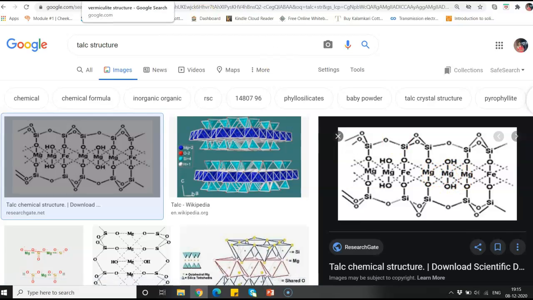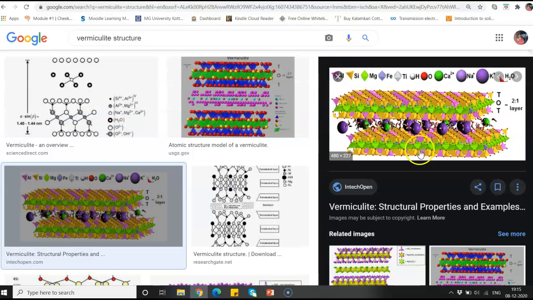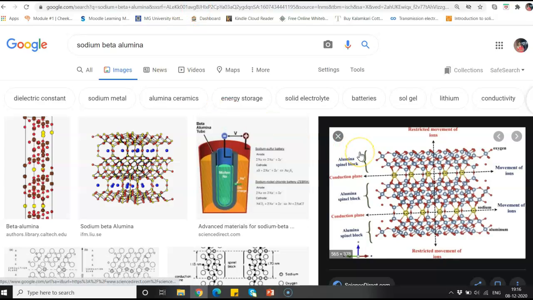Vermiculite has a much more complex structure. In it, you can see two similar layers of silica based material, and in between you have various ions such as sodium, potassium, etc., in addition to water molecules. This is also a kind of intercalation compound. Another is sodium beta alumina.